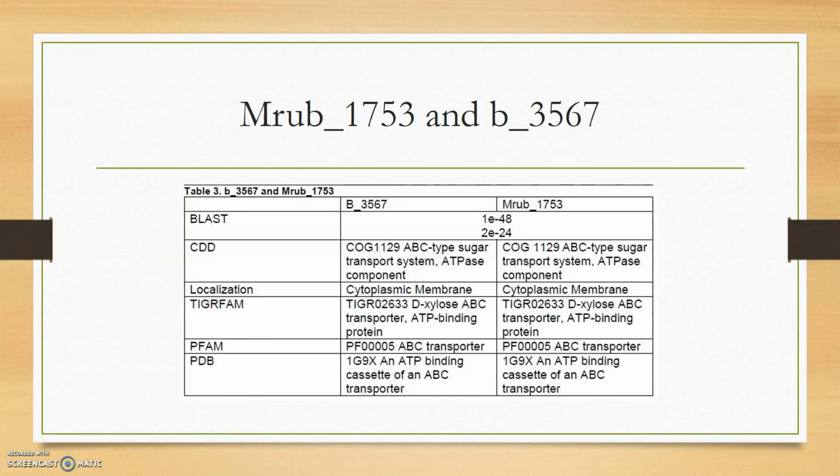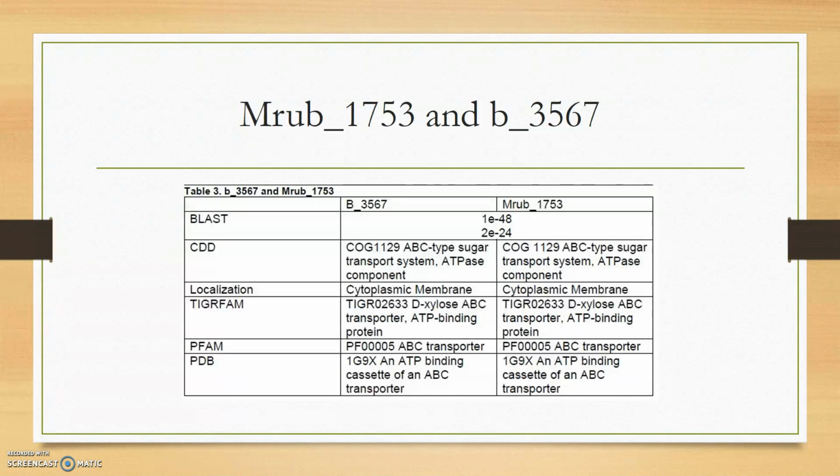Additionally, the CDD hit for COG 1129 shows it is an ABC type sugar transport system, ATPase component, so not directly for the D-xylose. Now it's possible that for the CDD hits that each of these ATPase components are very similar.